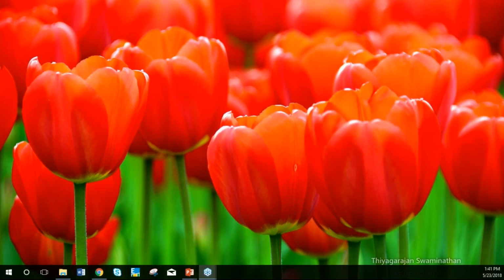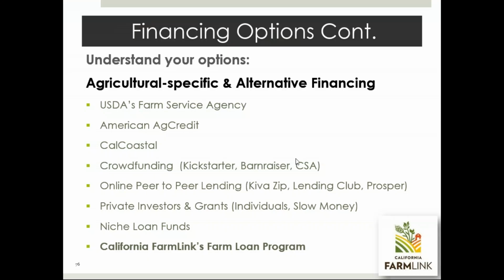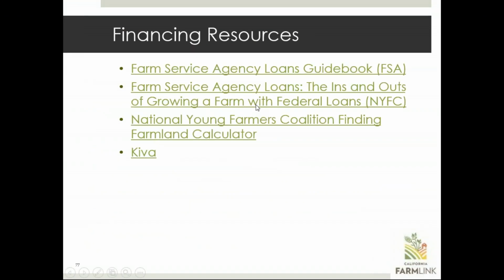We're going to talk about FarmLink's loan program briefly in a couple of slides, but Megan, if you go to the next slide, the financing resources, I just want to point out a few resources here that I encourage you to check out. So FSA, or the Farm Service Agency, has a guidebook to their loan products, and it's linked there on the slide, so you can go directly to it and look at that.